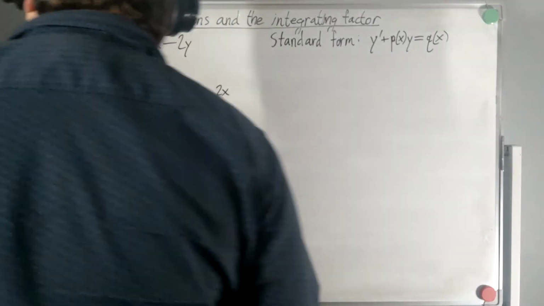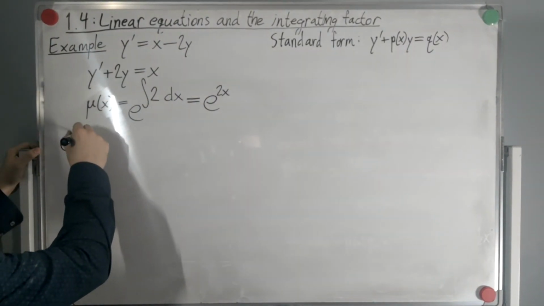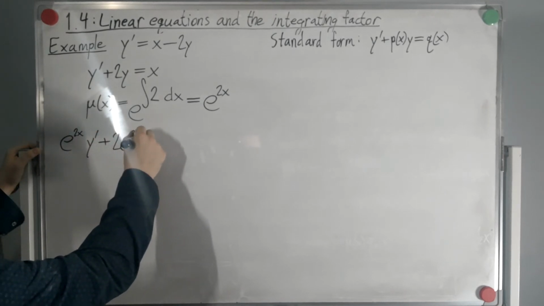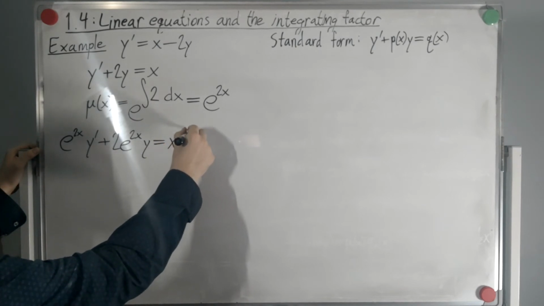Multiply this by the entire standard form, and we'll get e to the 2x times y prime plus 2e to the 2x times y equals x e to the 2x.